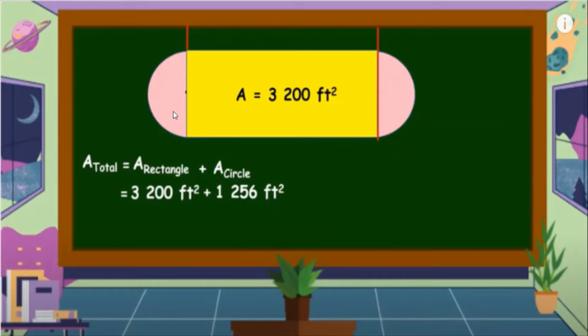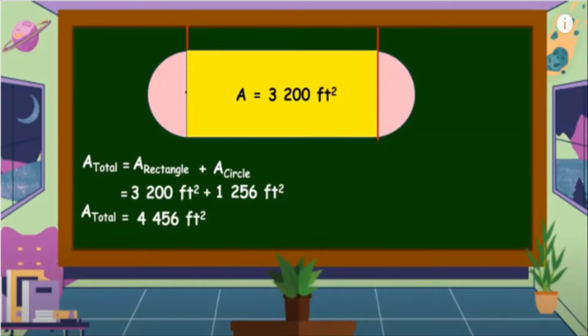So 3,200 plus 1,256 gives a total of 4,456 square feet. The total area of our roller rink is 4,456 square feet. Now we're done with our first problem. We already found its area.